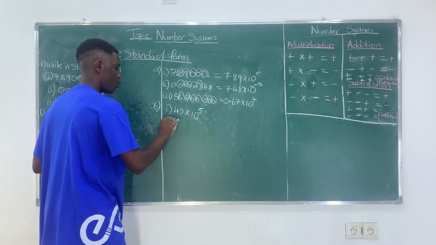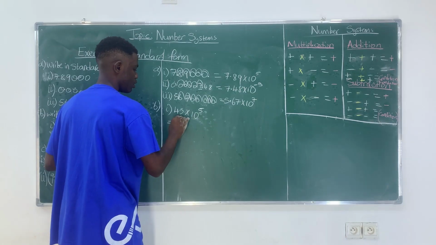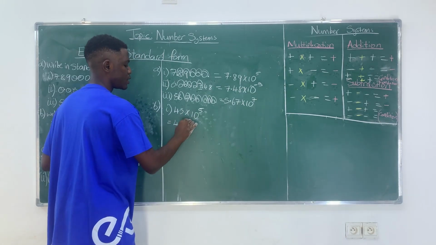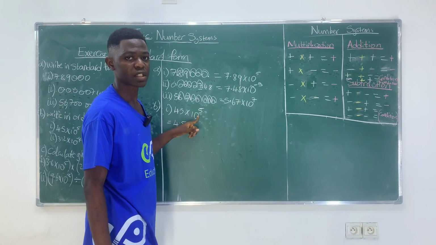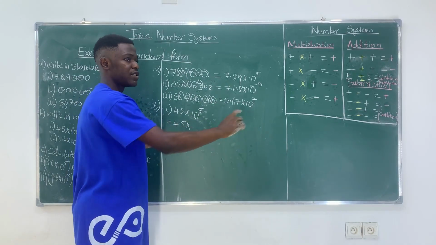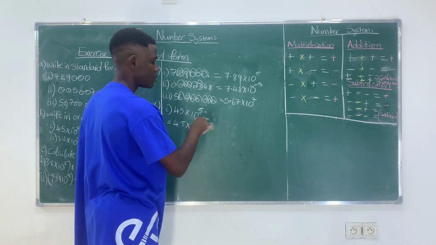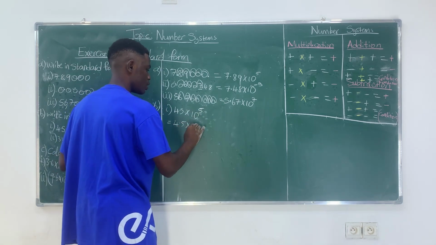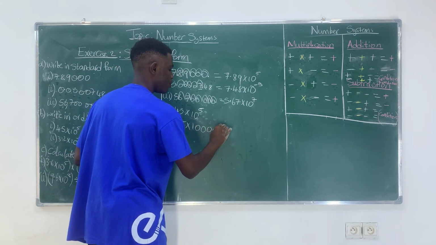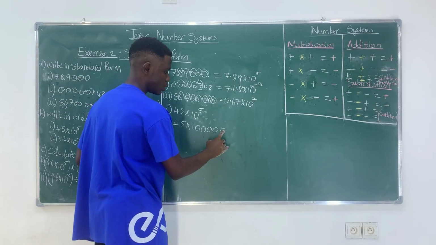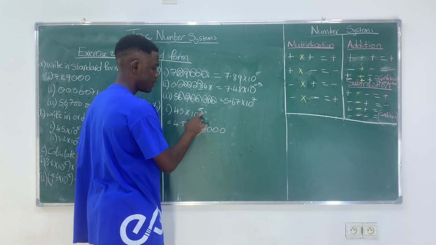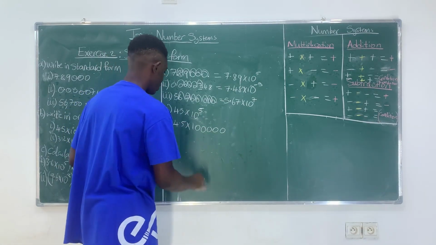Actually, I'll write it as 4.5 times 10 to the power 5, which means 1 and 5 zeros behind. 5 zeros in front of it. So it is 1, 2, 3, 4, 5. You make sure you count your number of zeros. It should be the same as this 5 here.